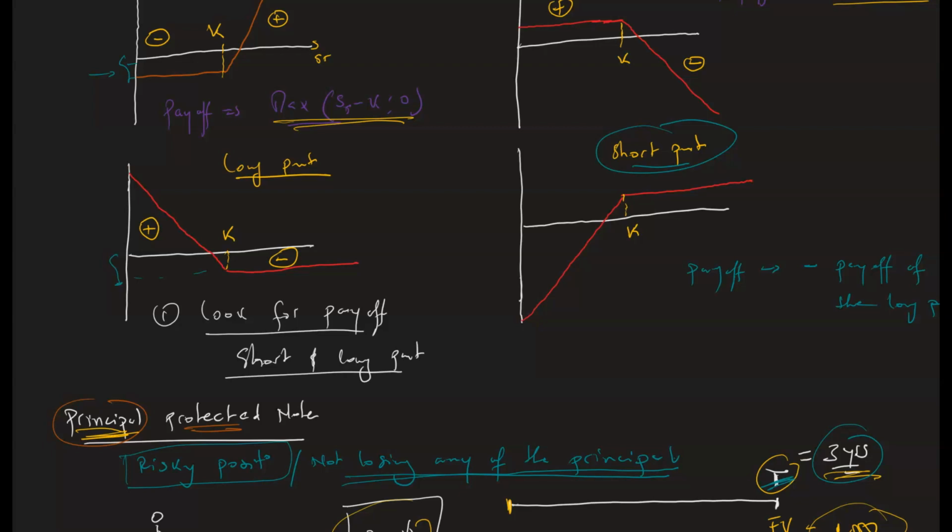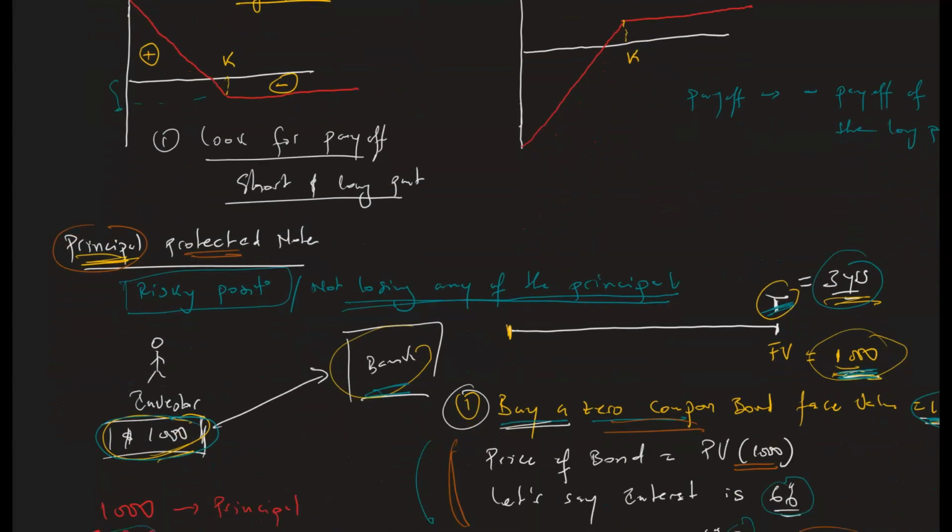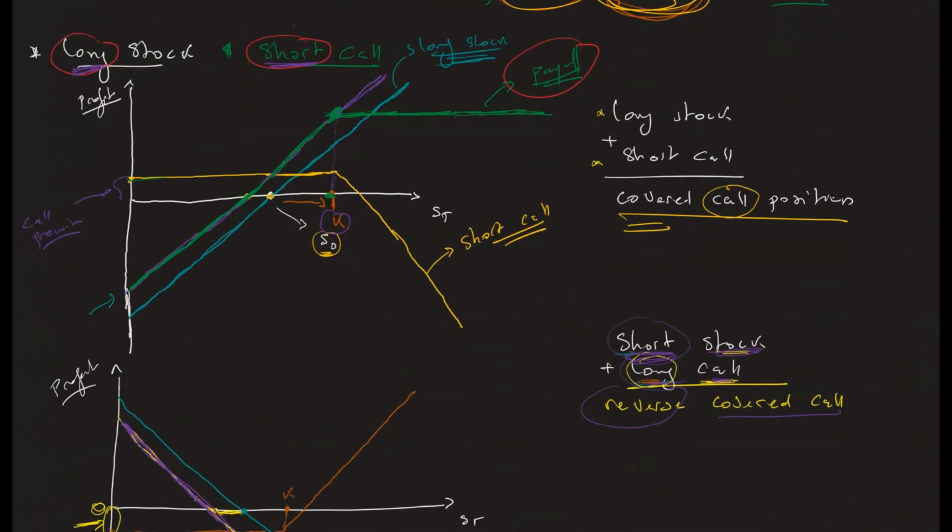Our short put had a payoff that looked exactly like what we have when we're combining our long stock and our short call. I'm going to use a different color here. So our covered call essentially replicates what we have with our short put.